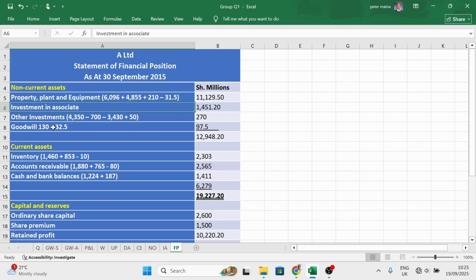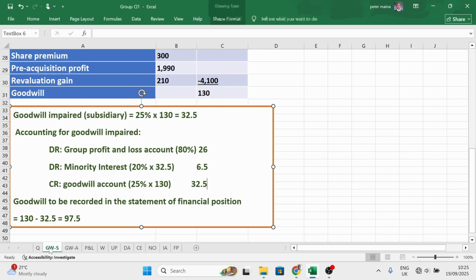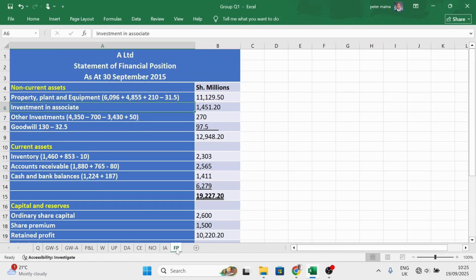So this is the goodwill in subsidiary. The amount was 130. You're going to deduct the goodwill impaired 32.5, and that is something we had done here. So the balance is supposed to be 97.5. So 97.5 is what we have here.